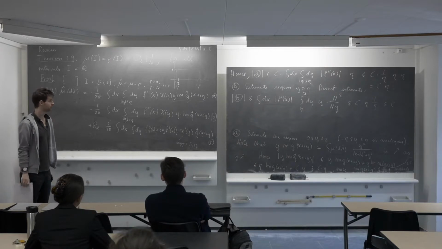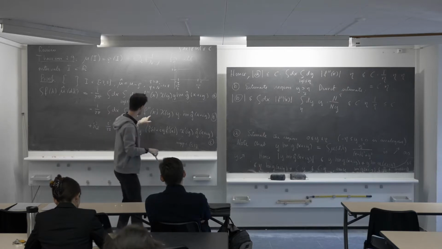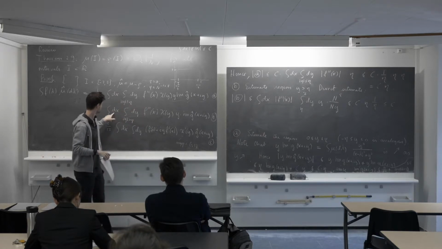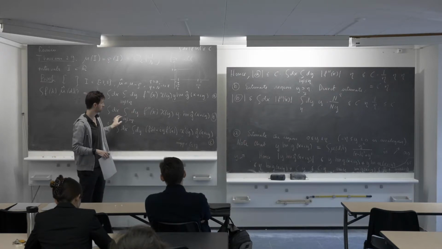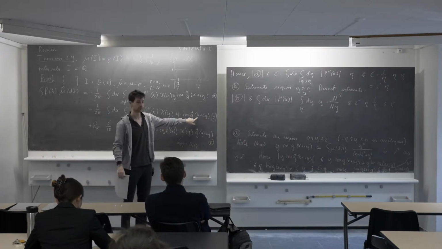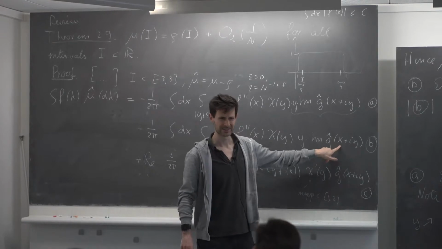Yes, do integration by parts. So let's do that. Why does integration by parts look nice? Because if we do an integration by parts in x, this is a smooth compactly supported function, so there are no boundary terms. x only occurs here. So if we do an integration by parts in x, then we have to differentiate this guy in x. That's not very nice, right?